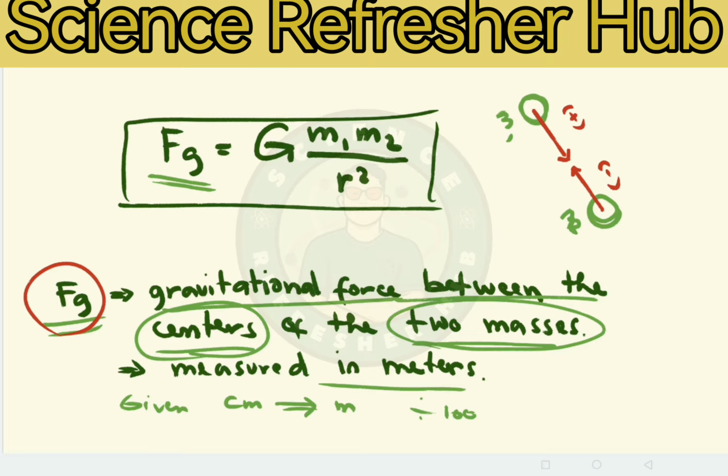It should be from the centers of these two masses, not drawn this way. Always remember that we will follow the definition. It must be from the centers of the two masses, so we have to stretch it out to the centers.